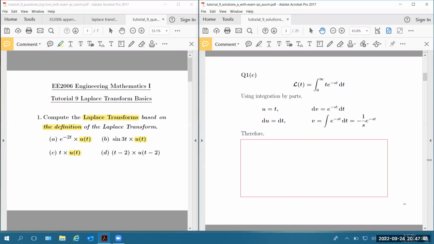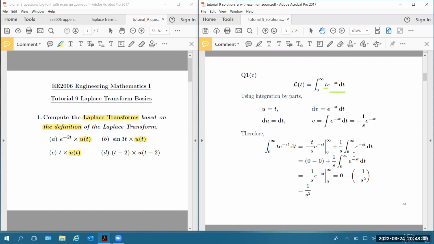So what we do is we let u be t, and the rest will be dv. So that's why you see this. Then you just do integration by parts. I won't go through all of this.